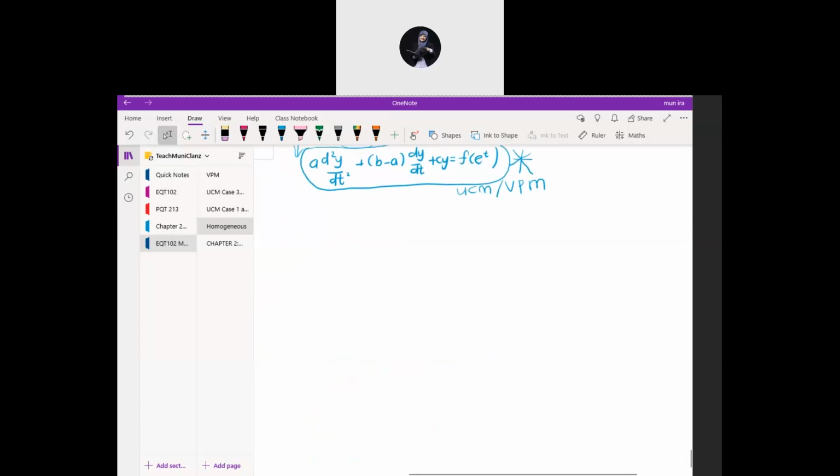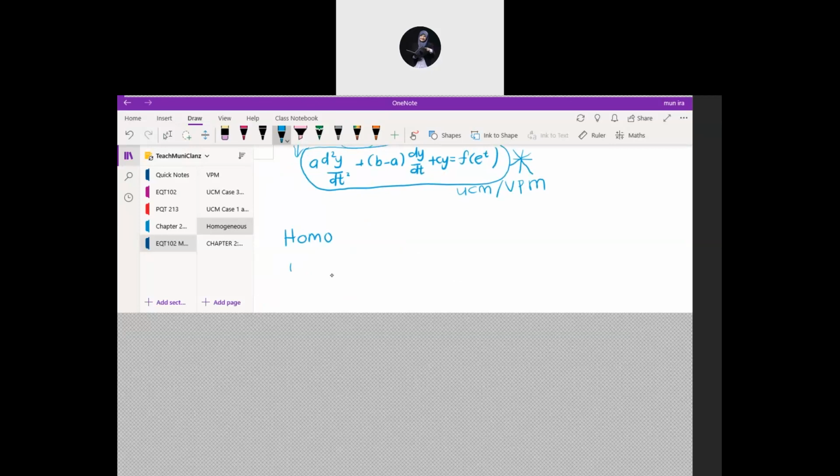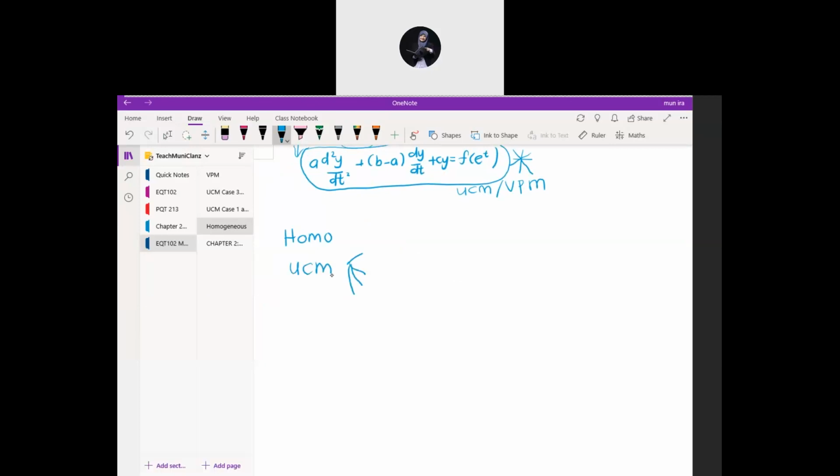First, homogeneous, and then I want to know your problem on UCM: case 1, case 2, case 3, case 4. Then I want to know your problem on VPM. And last is Cauchy-Euler. We go homogeneous first.